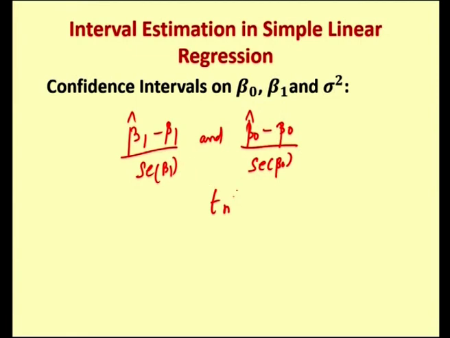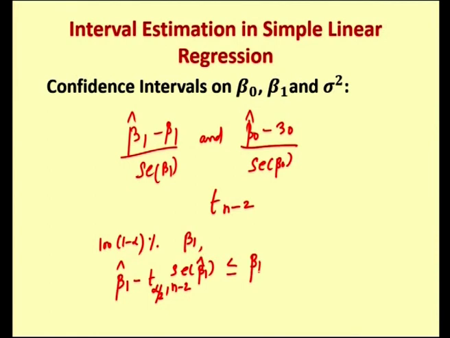Therefore, the 100 times 1 minus alpha percent confidence interval on the slope beta 1 is given by beta 1 cap minus t alpha by 2 comma n minus 2 times standard error of beta 1 cap, less than or equal to beta 1, less than or equal to beta 1 cap plus t alpha by 2 comma n minus 2 times standard error of beta 1 cap. So, this becomes the upper limit and this becomes the lower limit.